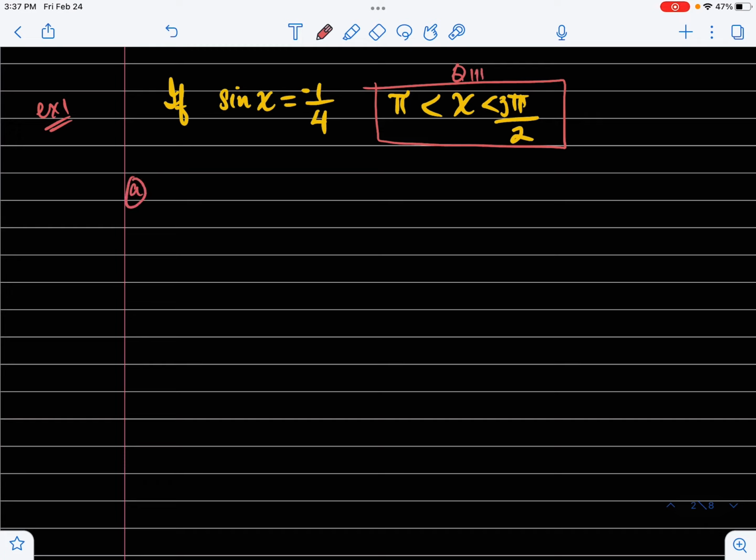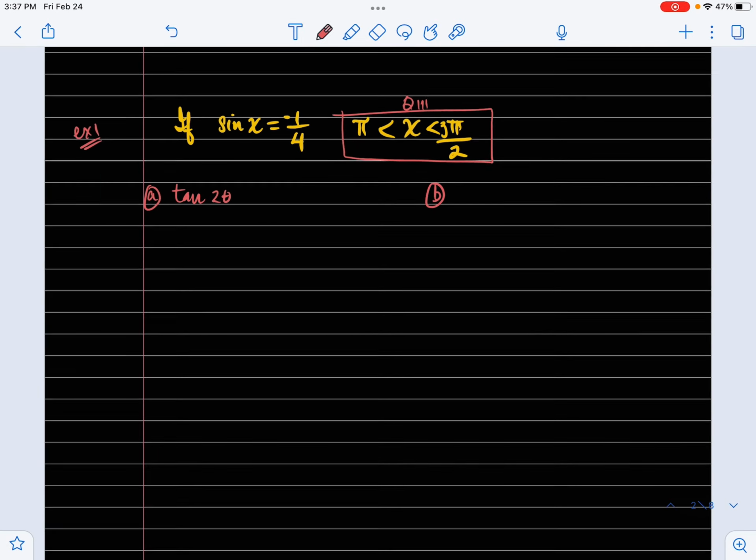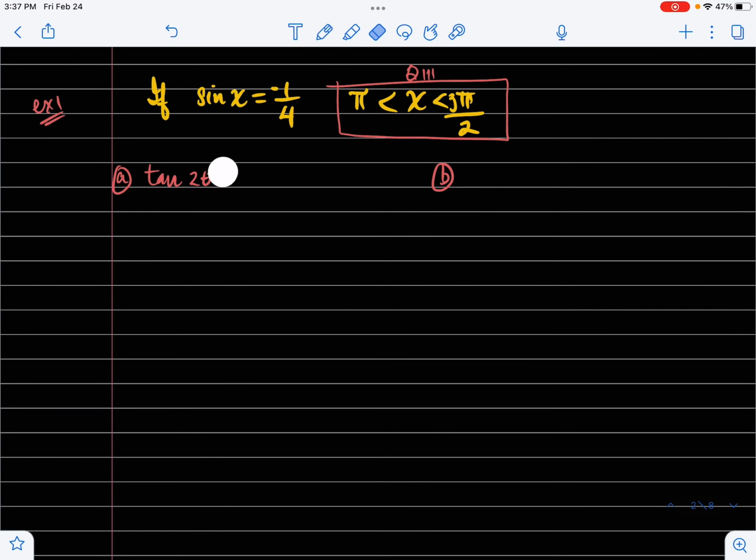Now, what's the question asking me? This question, for example, is asking me, hey, go find tangent of 2 theta. Let's say part B is not 2 theta because it's an x value, so I better stick to the same variable. Find or evaluate the value for tangent 2x, or find and evaluate the value for cosine 2x.